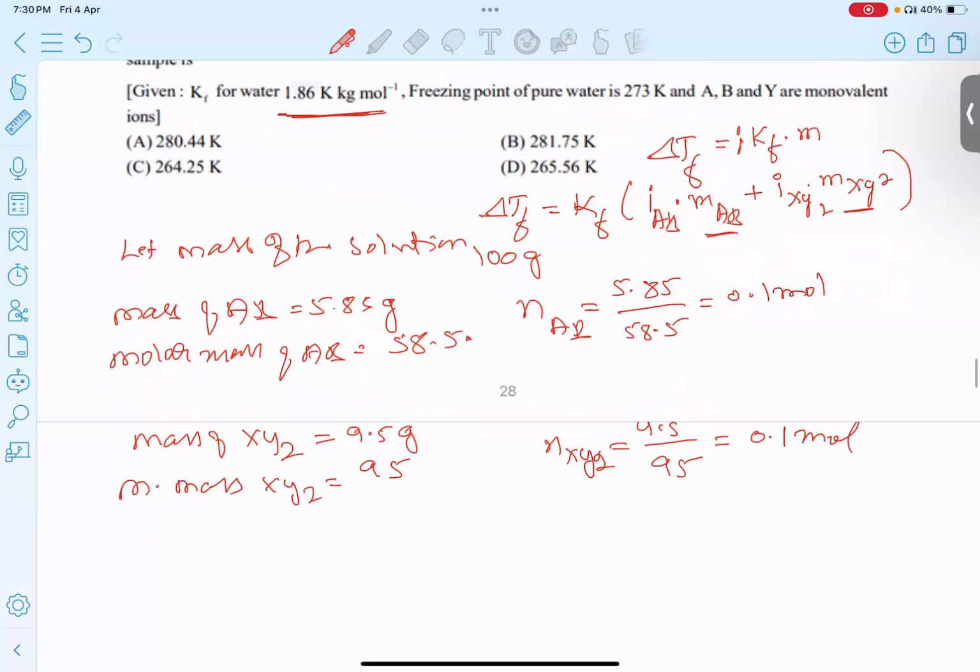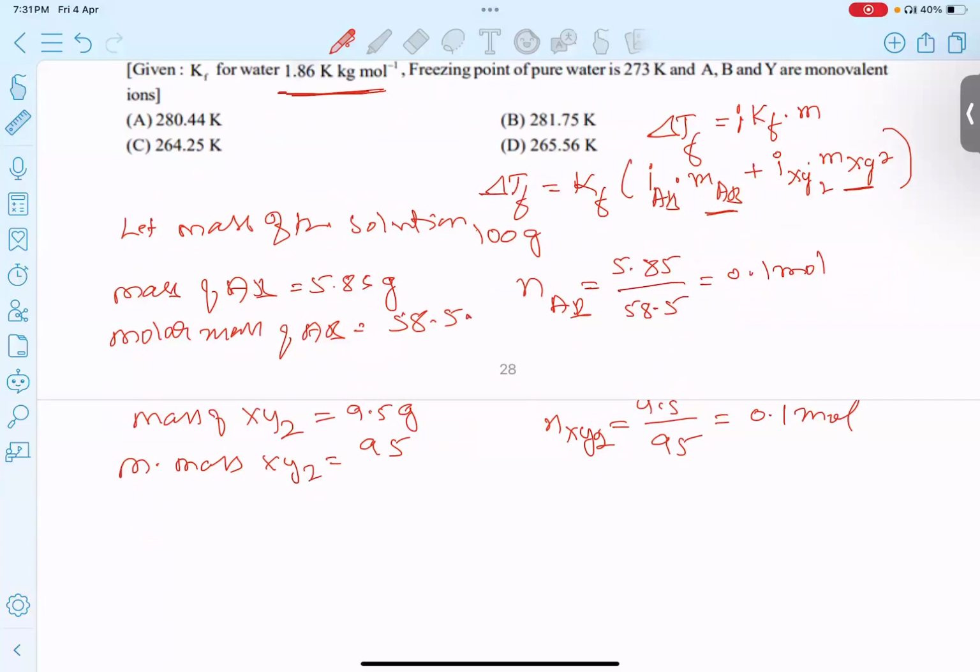Now let us calculate the molality of the solution. Molality of AB is equal to number of moles of AB divided by mass of the solvent in kg.